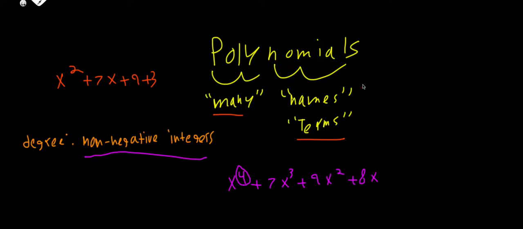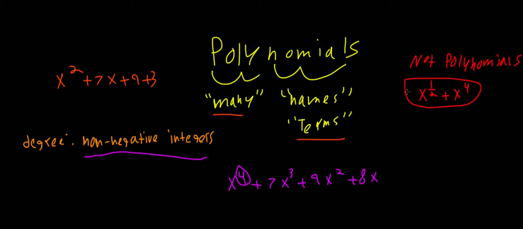So these right here are not polynomials. Let's say we have, for example, x to the 1/2 plus x to the 4th. Now, although this term right here could be a polynomial alone, the x to the 1/2 makes the whole expression not a polynomial.